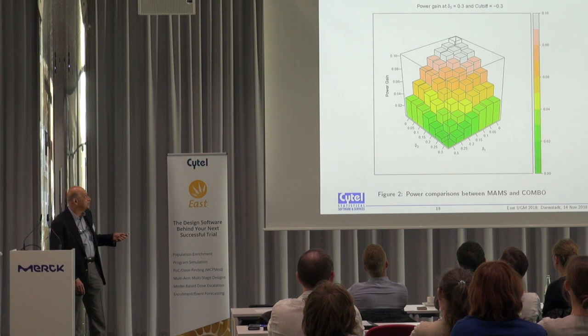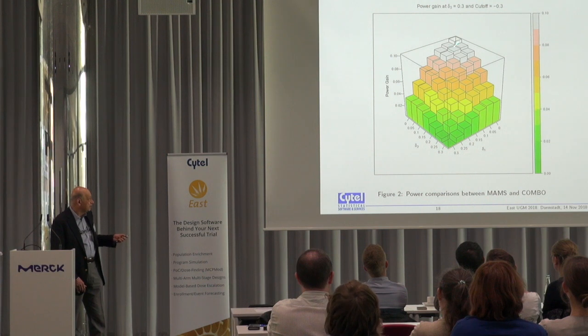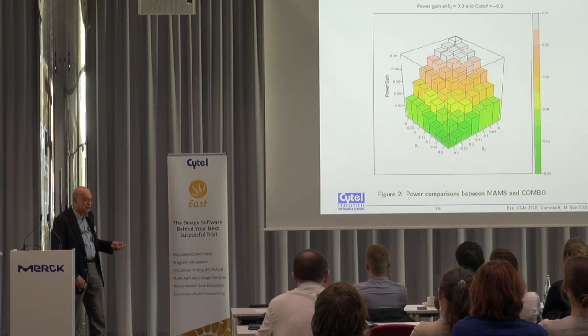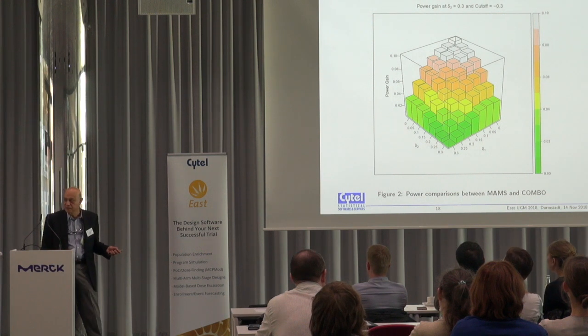And the selection rule is cut off at the first stage if the delta hat is less than minus 0.3. So you see that if all three deltas are the same, at this end of the cube, then there is no gain in power. This height is the gain in power of group sequential versus a p-value combination.